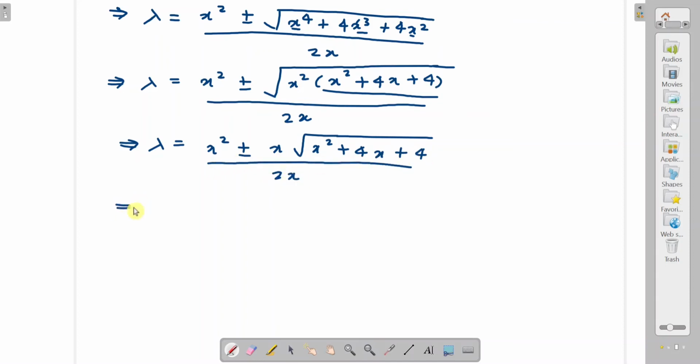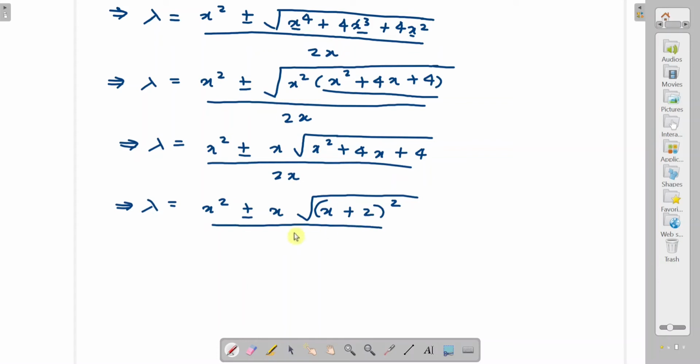So this will imply lambda is equal to x square plus or minus x root of, this is what, this is x square plus 4x plus 4, which is nothing but x plus 2 the whole square, right, and that is divided by 2x. So this will imply lambda is equal to x square plus or minus x times x plus 2, and then it is divided by 2x.